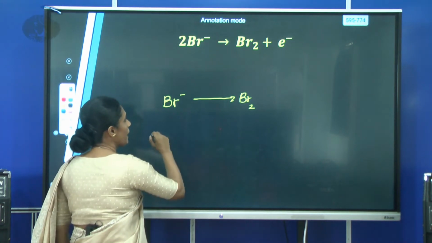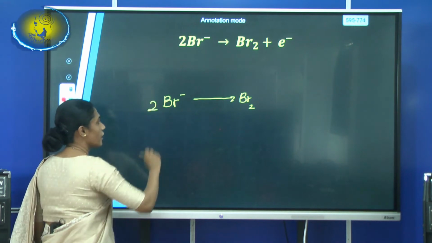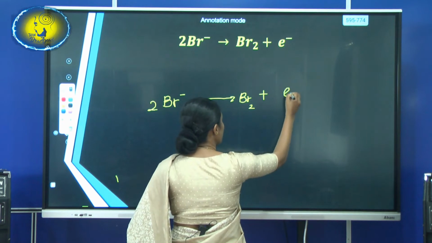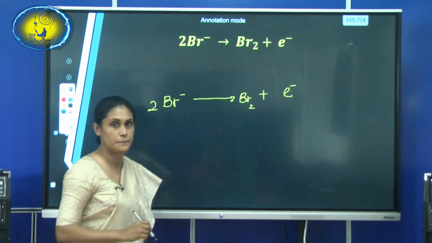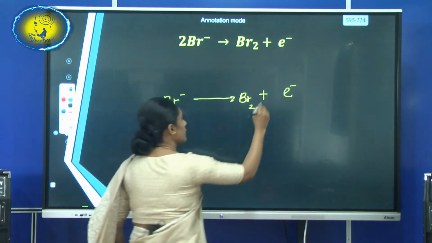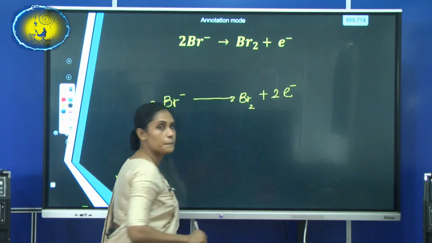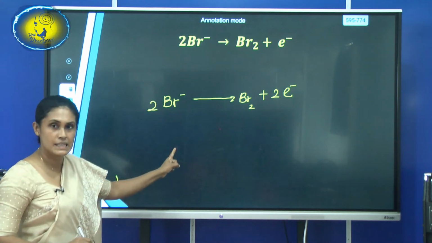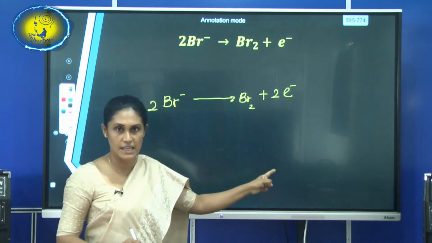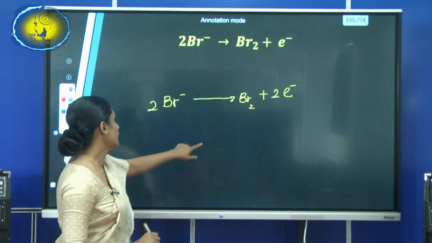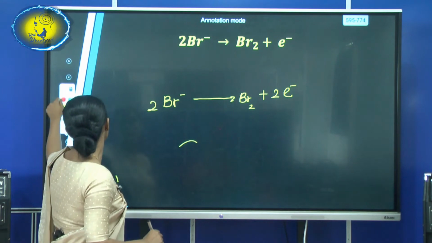Now you have to balance this one. Write 2 in front of this. To balance this one, write the number of electrons that you want to write. How many? You have to write 2 electrons. Right? So this is an example of oxidation. Losing electrons, we call it oxidation. Right. Here we go.